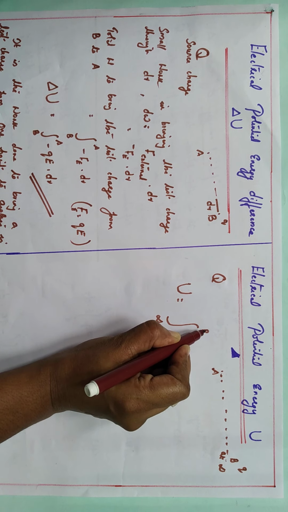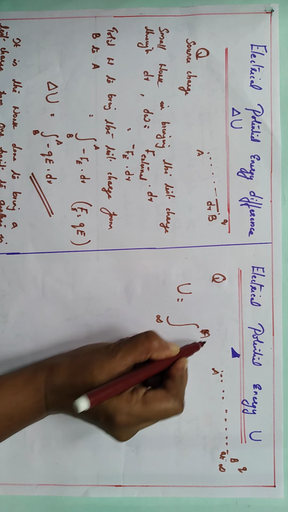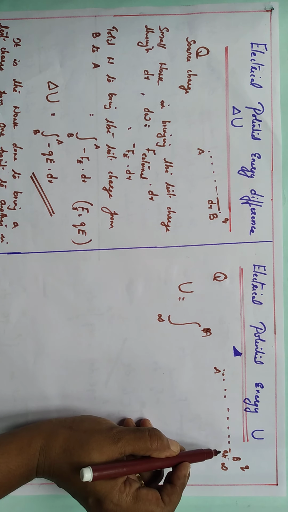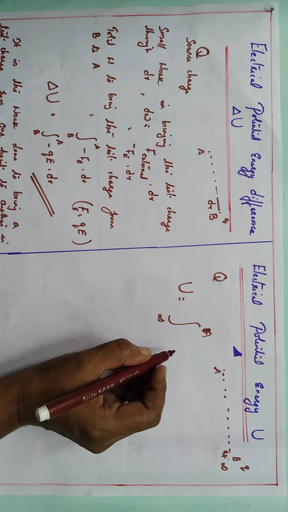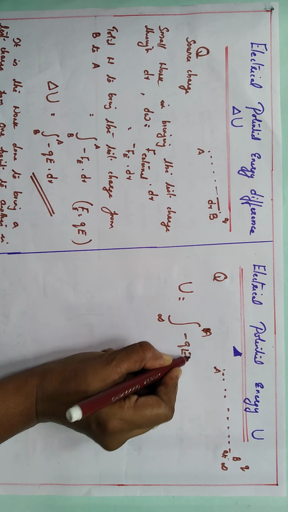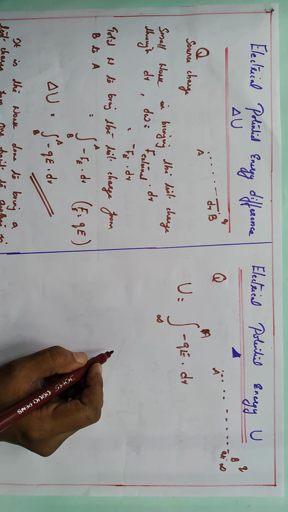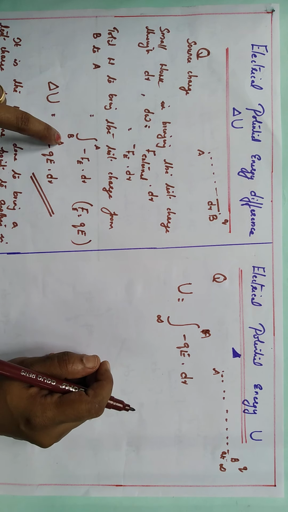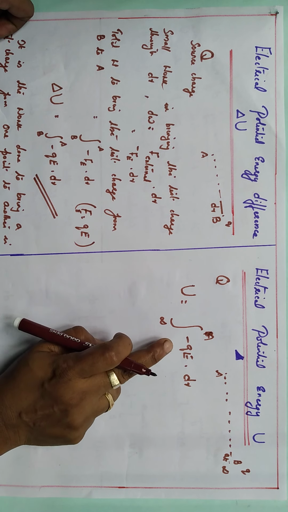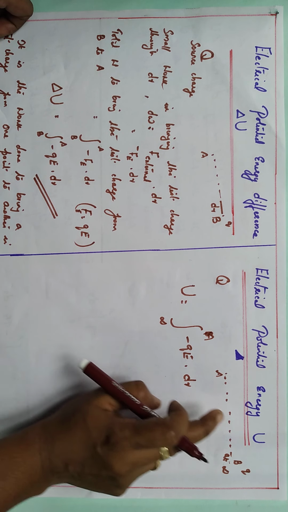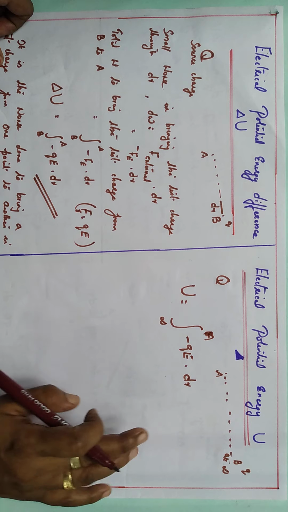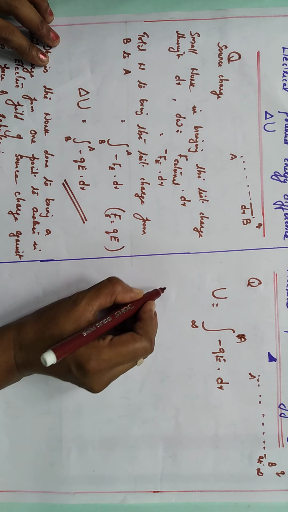Sorry, A is the final point, no? Infinity to the point A of minus QE dot dr. That is the only change. Here it is infinity to the point, minus QE dot dr, that is called electric potential energy.